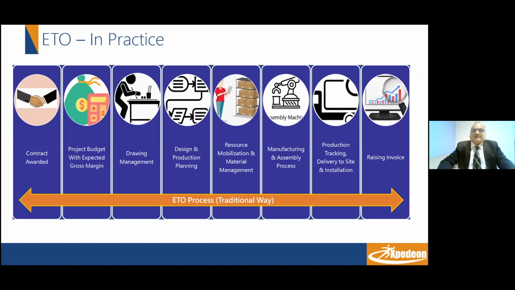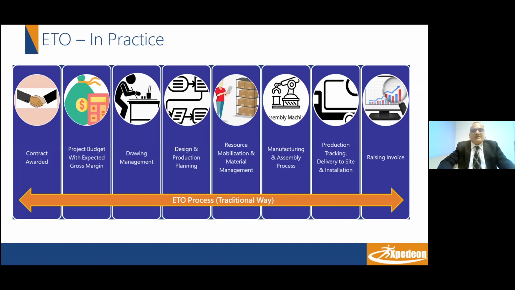The approved drawing is used for preparing the bill of material, or BOM, for the supply and fixed items. Based on the BOM, the resource mobilization takes place and it is allocated to production as per the production plan.